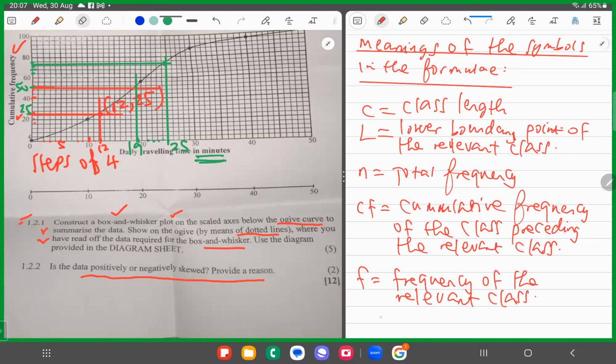And then C is the class length of the relevant class.